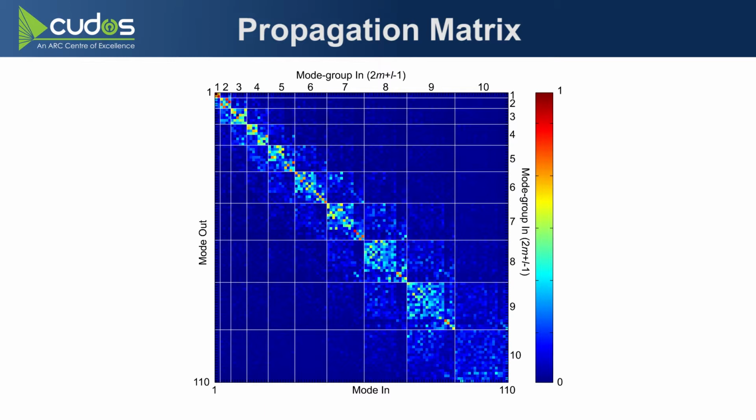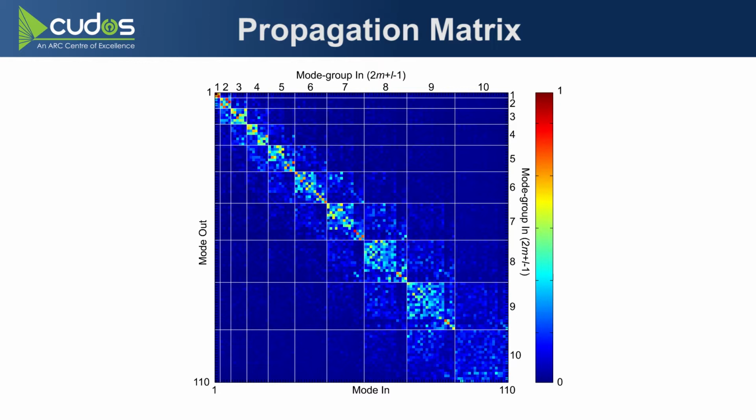This is the amplitude of that measured matrix. You can see it's pretty sparse, with most of the amplitude scattered around the diagonal. Modes mix mostly with modes of similar propagation constants, so power in the white squares along the diagonal represents mixing within a mode group, i.e. mixing between modes which are theoretically almost degenerate.